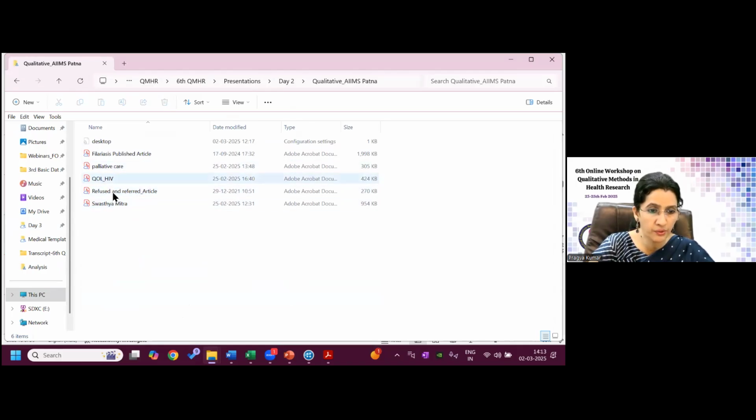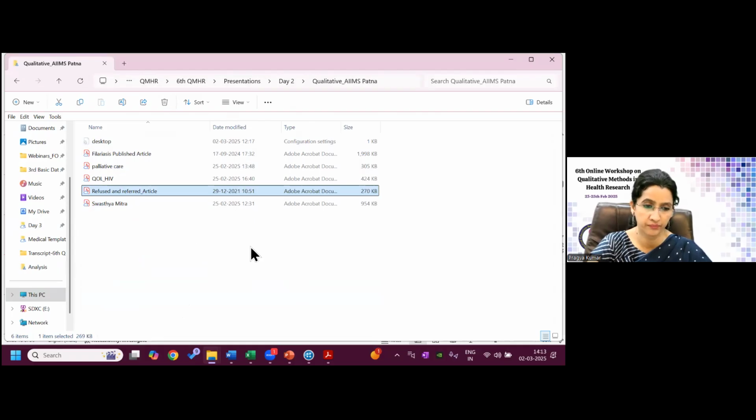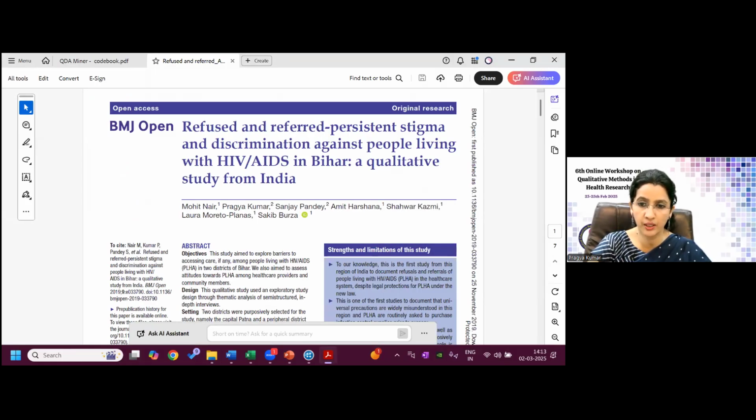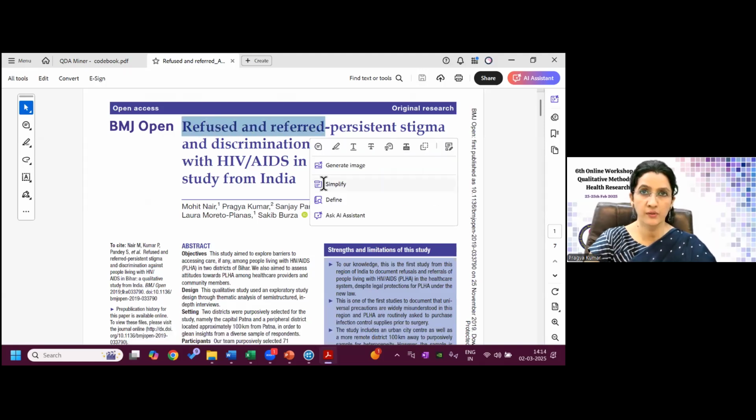In this article, we used the grounded theory approach. And this theme, refused and referred, was our prominent theme because it came from the practitioners and also from the patients.